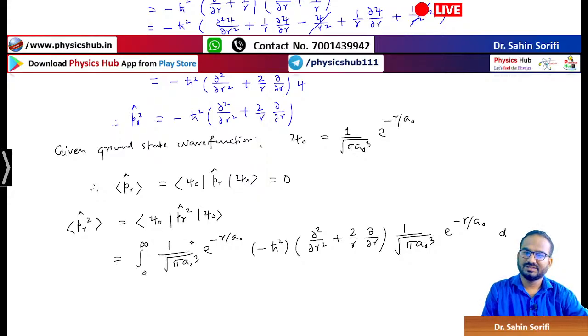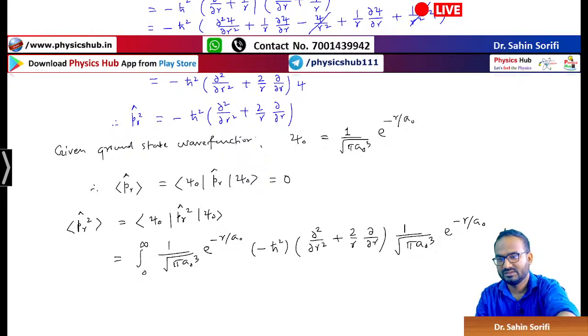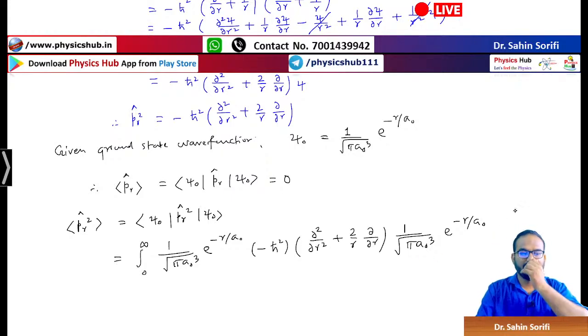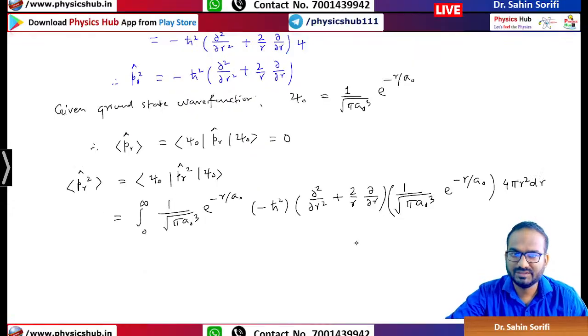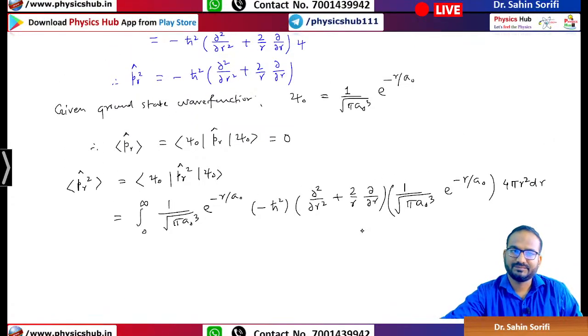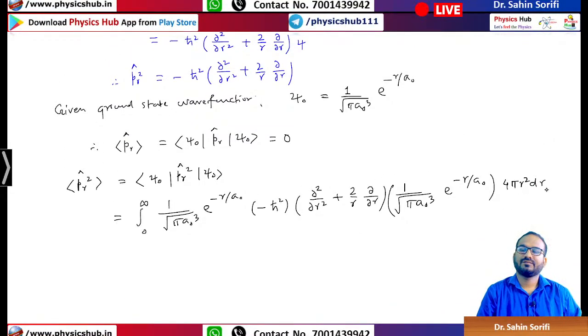Now it is in 3 dimensions, but in spherical polar coordinates. So instead of writing dr, we have to write 4 pi r square dr, because with r dependency only, the volume element is 4 pi r square dr. Actually this is coming from r square dr sin theta d theta d phi. That integration of sin theta d theta d phi gives you 4 pi, and what remains is r square dr. So 4 pi r square dr. Is it clear till now?